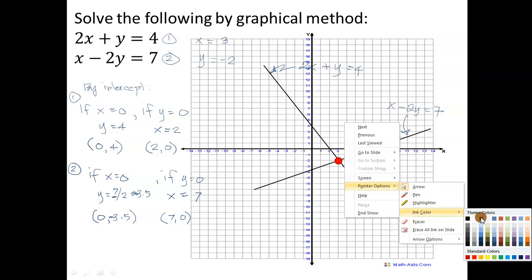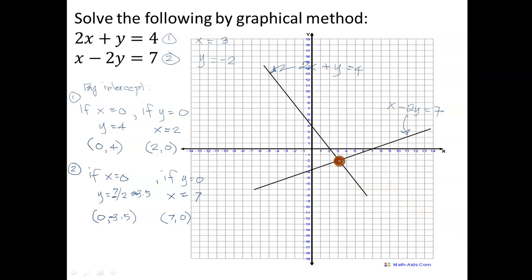So, getting the coordinates of that point, your x is equal to 3, your y is equal to negative 2. So, your coordinates are 3 and negative 2.